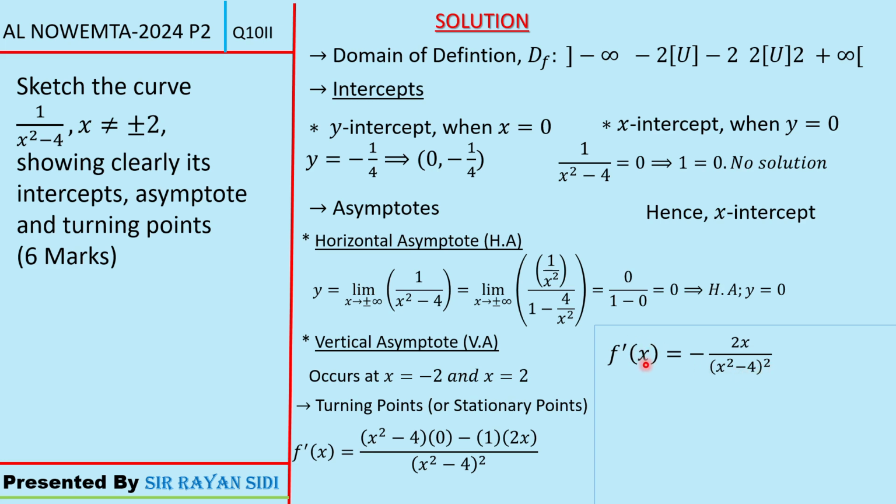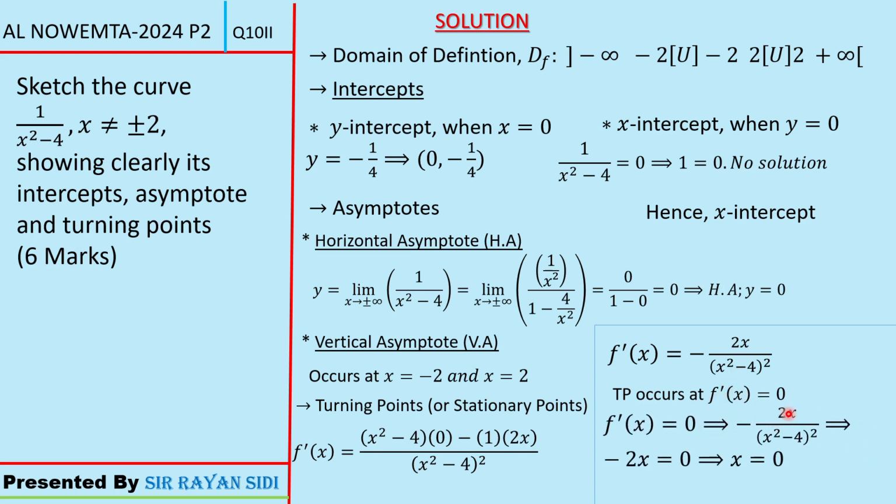After finding f prime of x, the turning point occurs at f prime of x equals 0. So f prime of x equals 0 implies that negative 2x all over (x squared minus 4) squared equals 0. We imply that x is equal to 0.